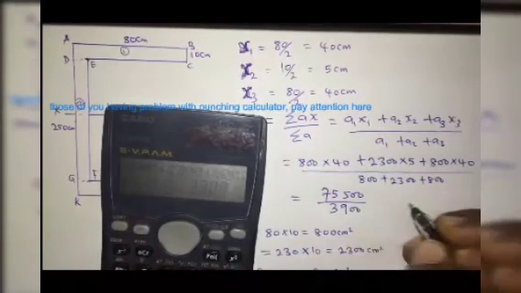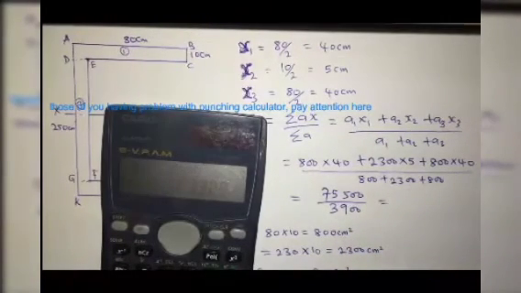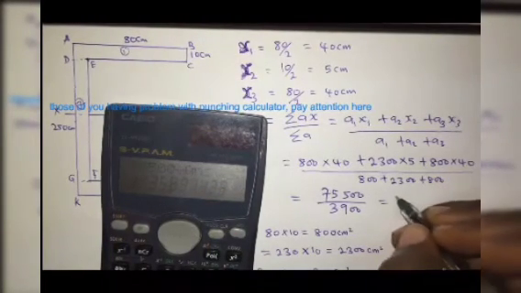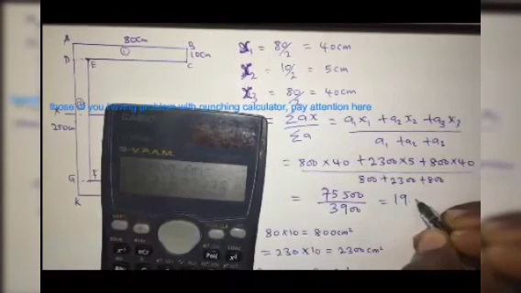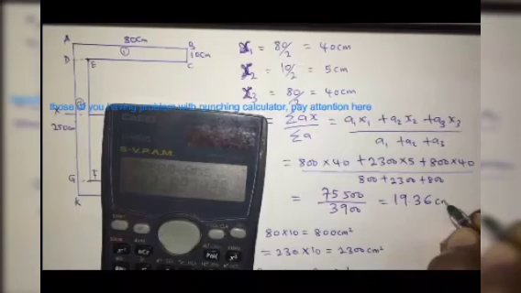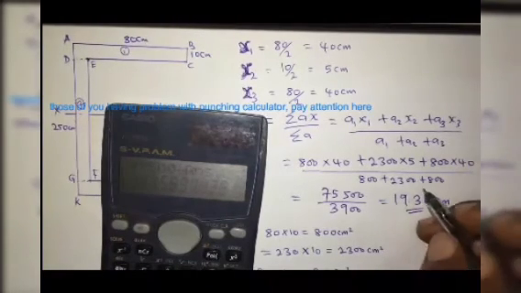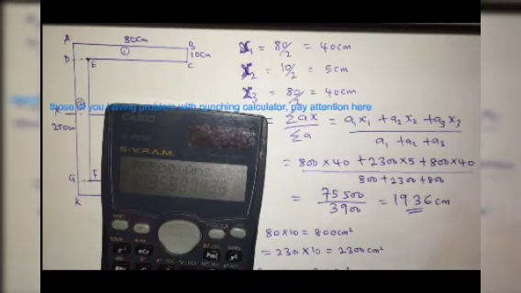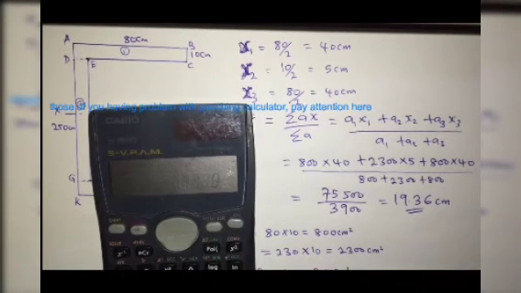You can do the same thing for the denominator also. So at the end of everything, I have 19.36 centimeter as the centroid of this particular channel or C-section.